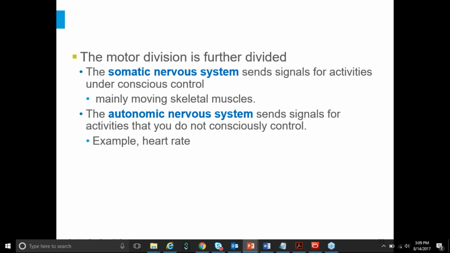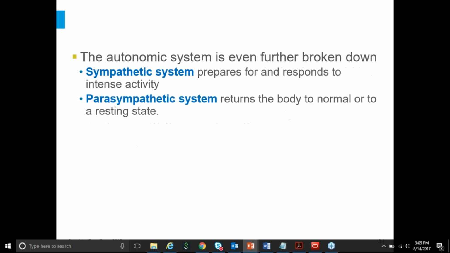So that's somatic, which is what you intend to do, what you think about doing, and the autonomic system is automatic. But the autonomic system is even further broken down into the sympathetic and parasympathetic systems.